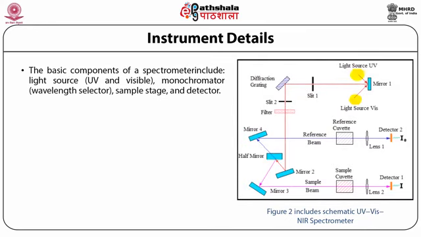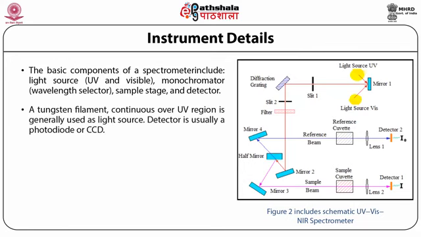So the basic components of a spectrometer include a light source, which is UV and visible, monochromator, that is wavelength selector, sample stage, and detector. A tungsten filament, which is continuous over the UV region, is generally used as a light source. The detector is usually a photodiode or a CCD.